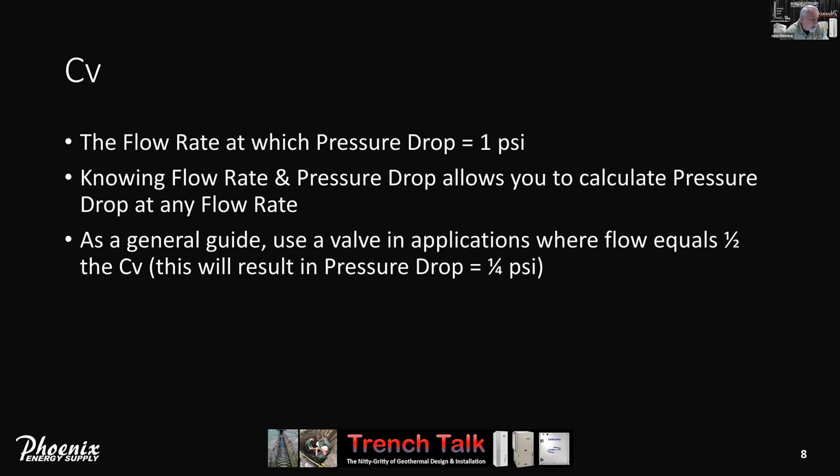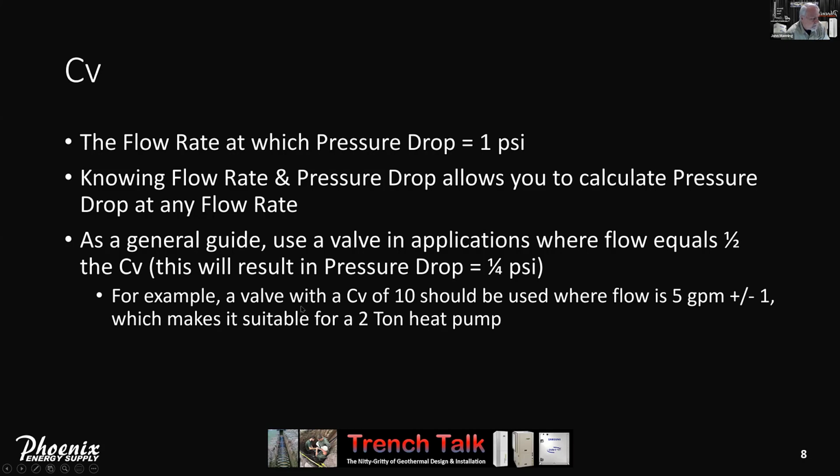As a general guide, I try to apply valves or devices at a flow rate that's roughly half the CV. And if I can do that, that means the pressure drop of that device is actually 1/4 of a PSI, or well under 1 foot of head.